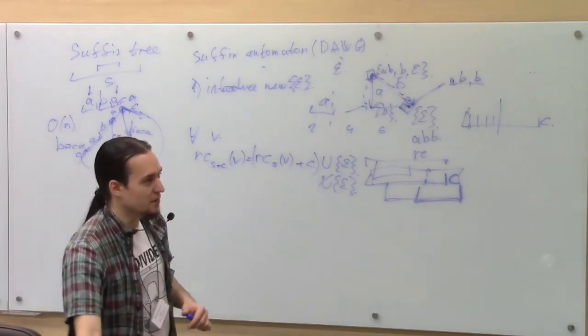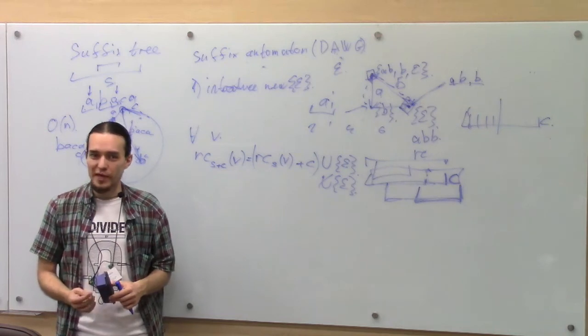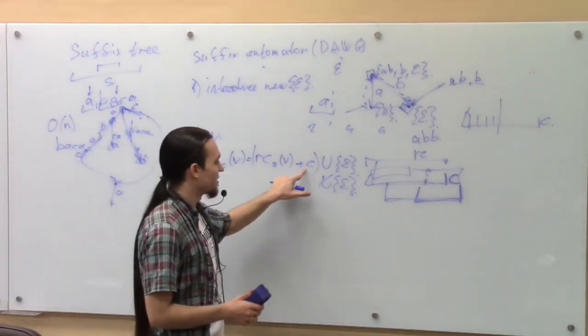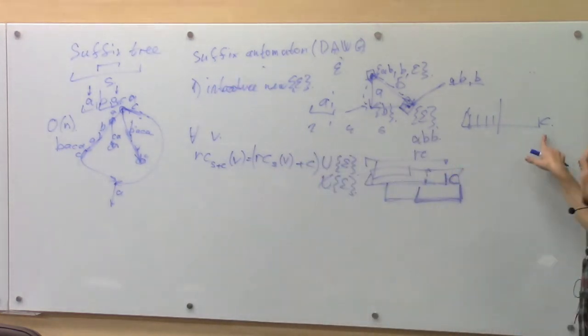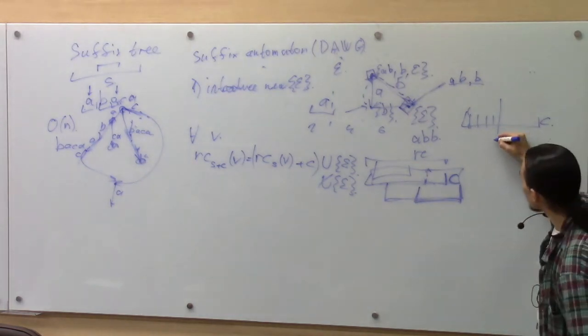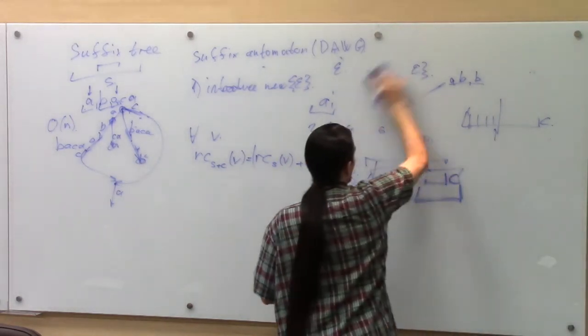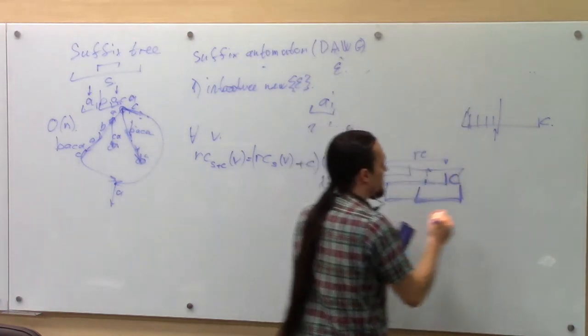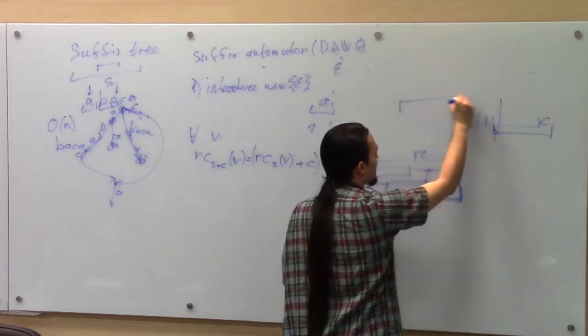So let's try and figure out what it takes for a state to fall apart when we add this character here. It does fall apart if some of the smaller suffixes receive epsilon in their right context, which means that if we take this suffix, then it occurs somewhere else.